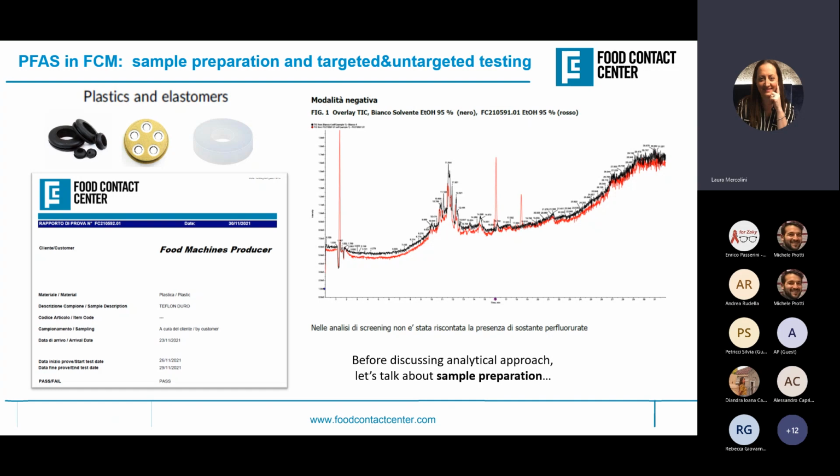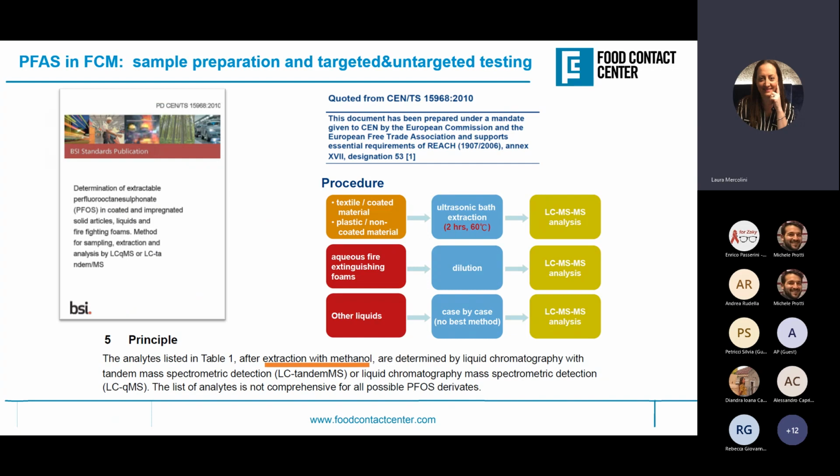Now I will discuss a little bit the sample preparation, because this is a typical example of a consumer good item. And for consumer goods, we have this standard. I know this standard since the beginning, when it was released. I was working in Intertek, and we can see here in this internal slide that I was sharing with my colleagues, this is the extraction condition, and then the liquid mass testing.